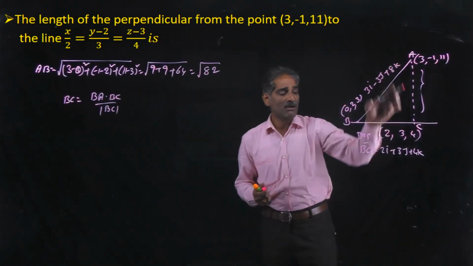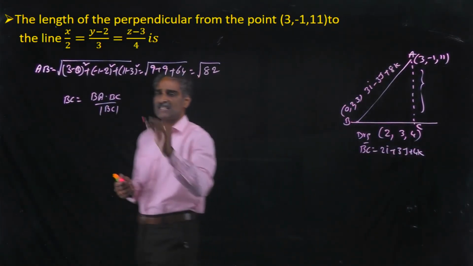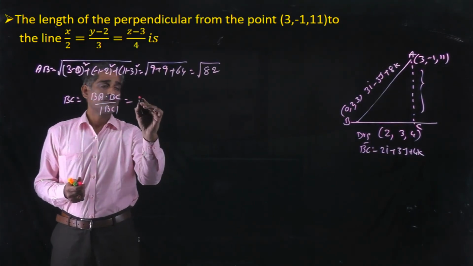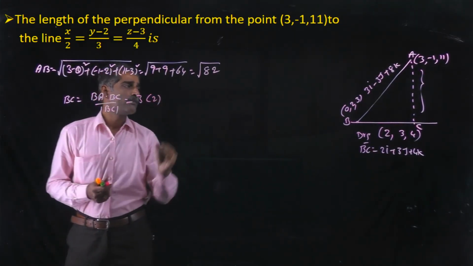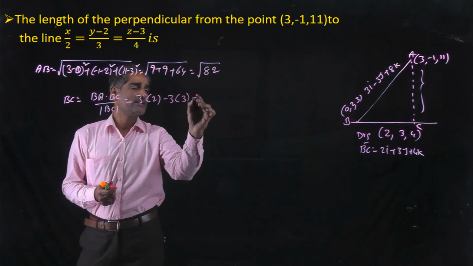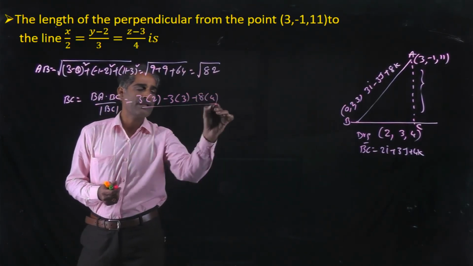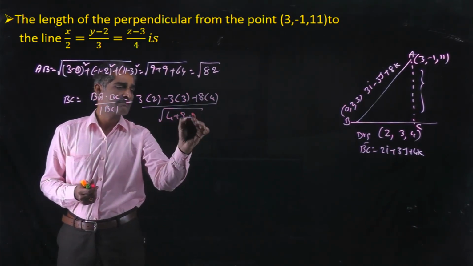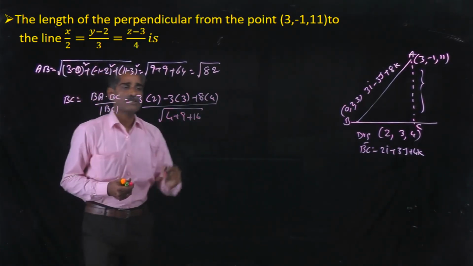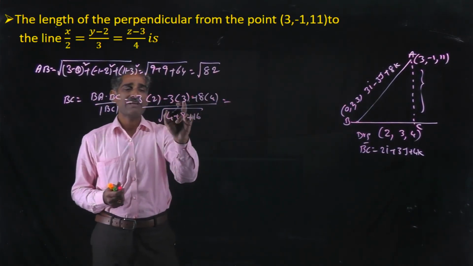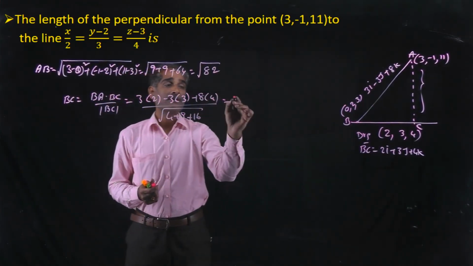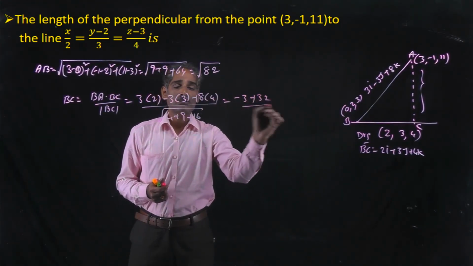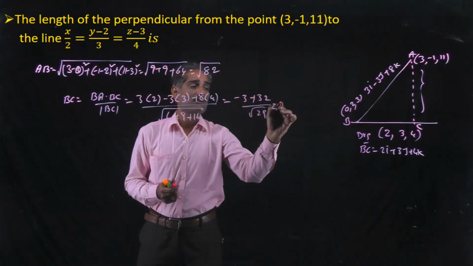Now BA dot BC by mod BC, that means 3 into 2 minus 3 into 3 plus 8 into 4 by modulus of BC, square root of 4 plus 9 plus 16. Here this is equal to 6 minus 9 plus 32 by root 29, that is 29 by root 29, which is root 29.